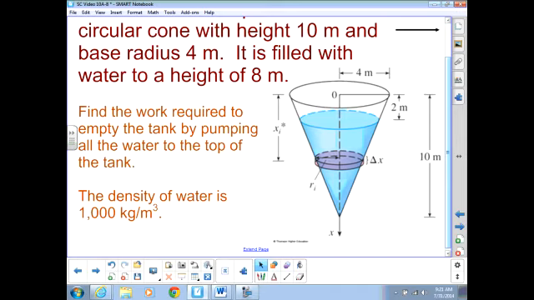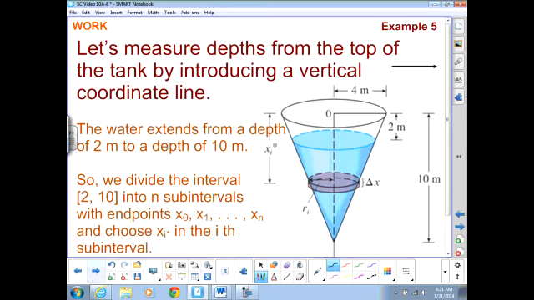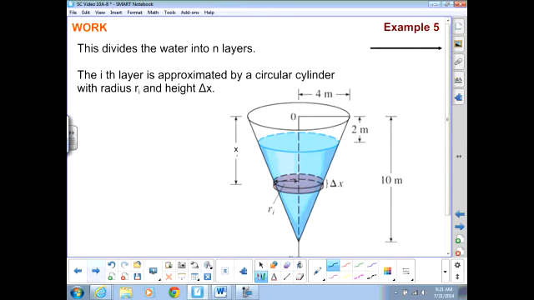One thing they give us is that the density of the water is 1,000 kilograms per meter cubed. So note we are working with metric here because we have kilograms and meters, and that's what we're going to start with, this density of the water, and we'll be able to piece together from there what our integral will be. So we started with 1,000 kilograms per meter cubed.